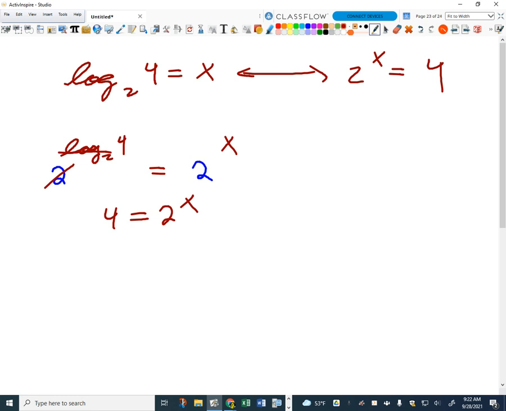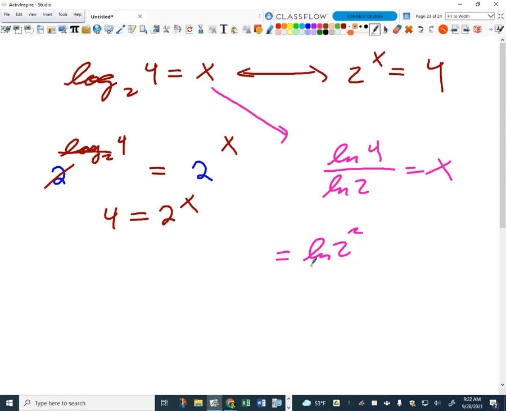Or I think what Andy was saying was you could write it like this. The base 2 log of 4, I could write as the natural log of 4 divided by the natural log of 2. The natural log of 4 is the same thing as the natural log of 2 squared, so I could rewrite that as natural log of 2 squared over natural log of 2.